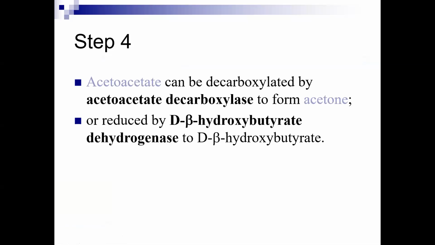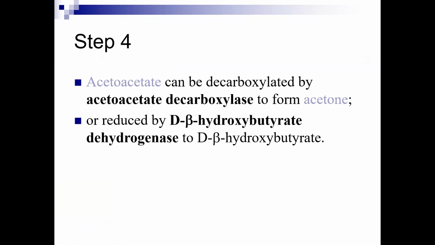Okay, so we get decarboxylation to acetone. That acetoacetate decarboxylase, I must tell you, is subject to downregulation. That downregulation is simply the result of losing carbon through the lungs.